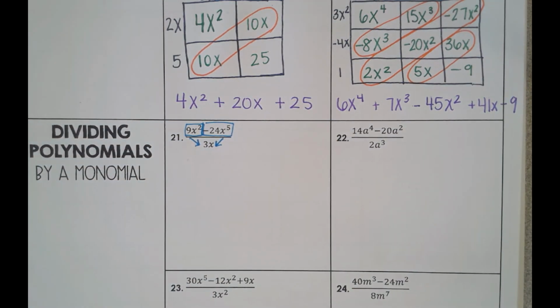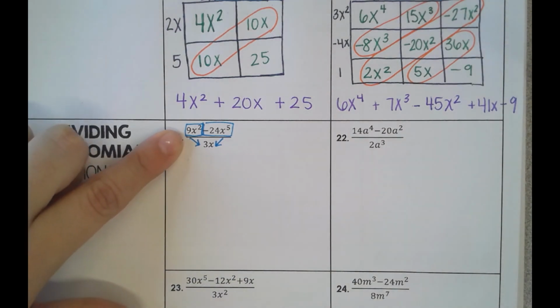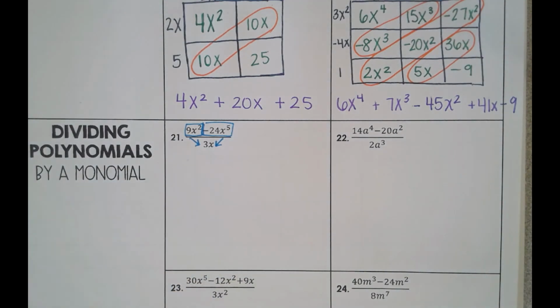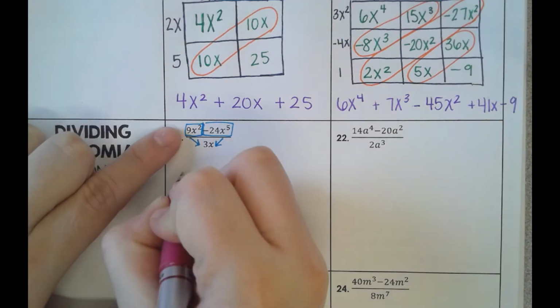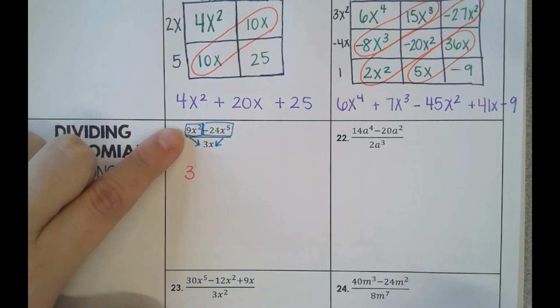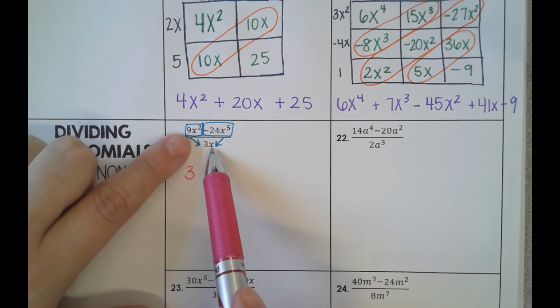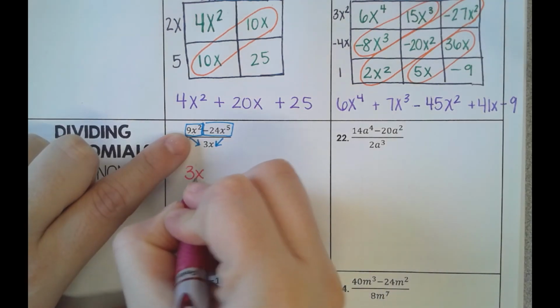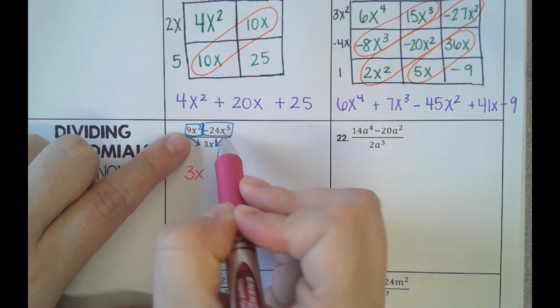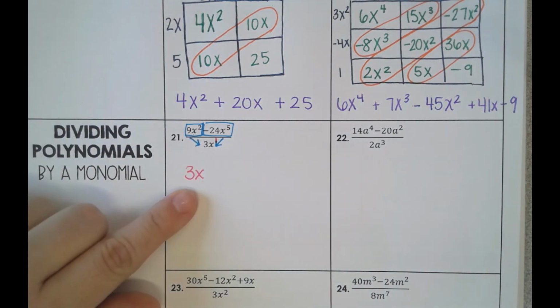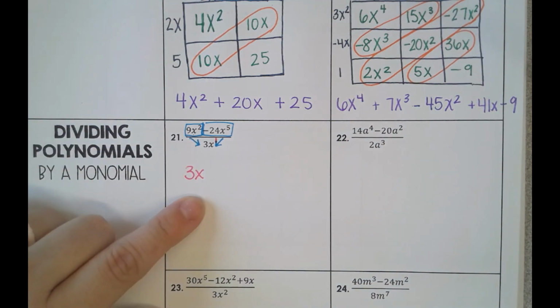So first off, 9x squared divided by 3x. Well, 9 divided by 3 is 3. And then x squared divided by x, we do 2 minus 1 is 1. So just 3x.